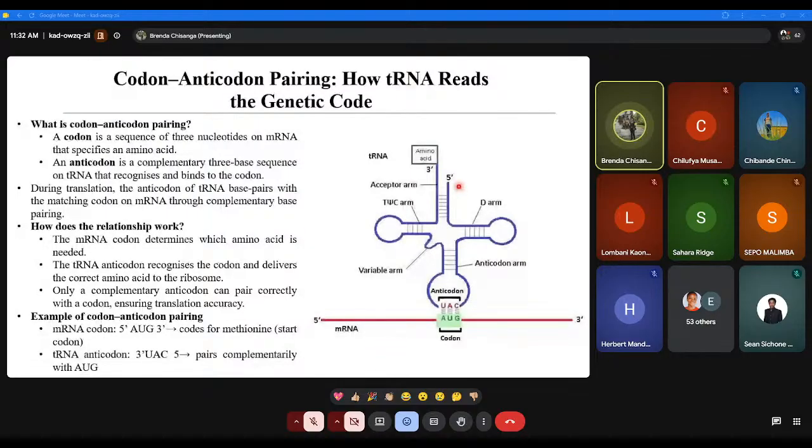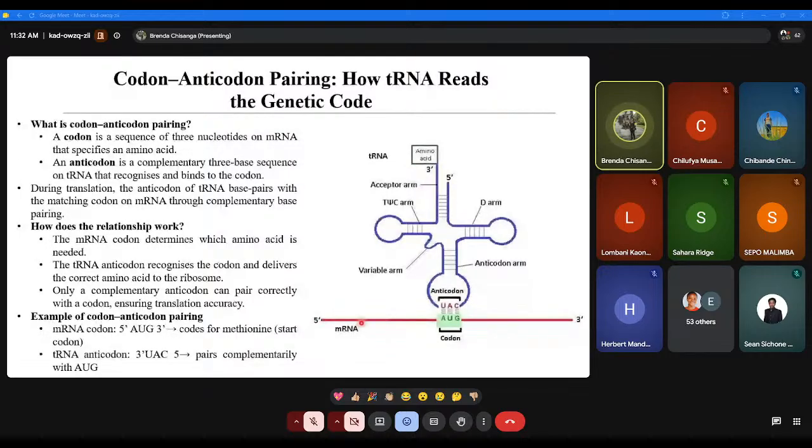The portion we want to focus on next is the anticodon arm. We said the anticodon is complementary to a codon that is on the mRNA. Now, remember I said pay attention to the orientation of the tRNA. This is a 3' end of the tRNA. This is my mRNA.